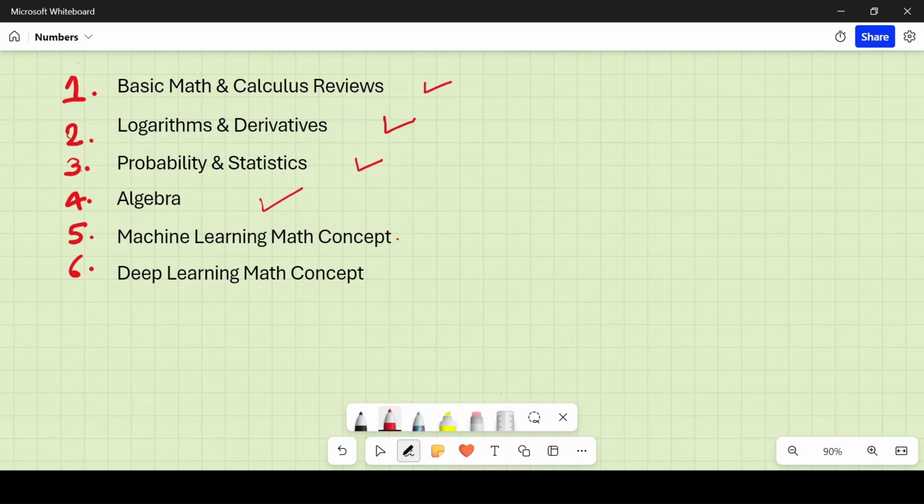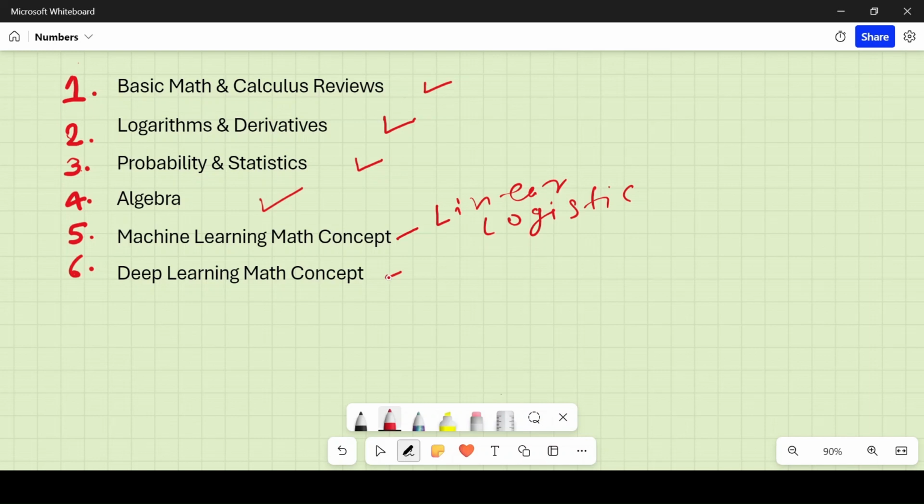In machine learning math concept, we are going to touch upon those math topics that fall under linear regression and logistic regression. And also we are going to deep dive into the math concept of deep learning.